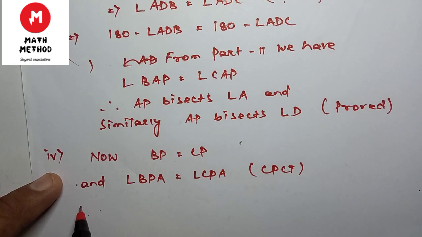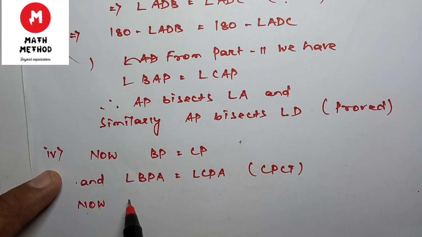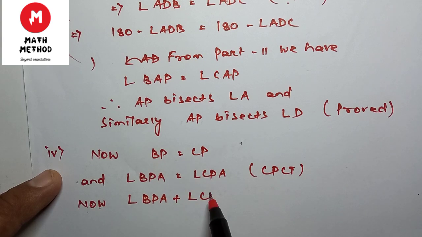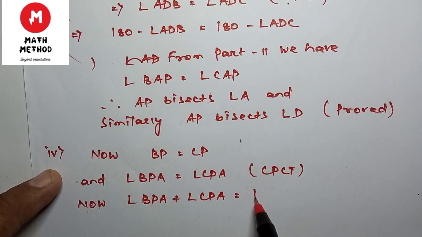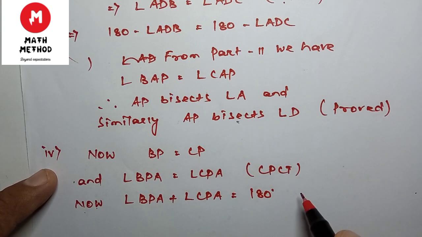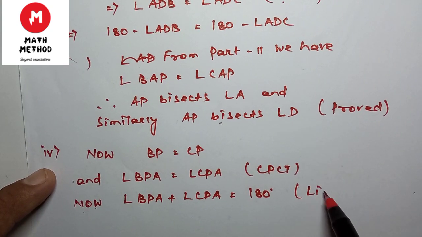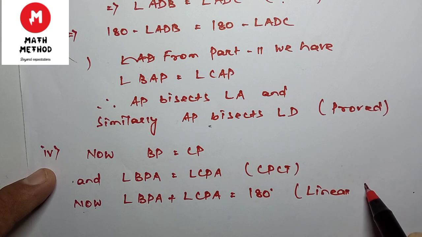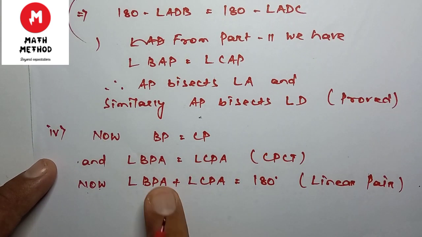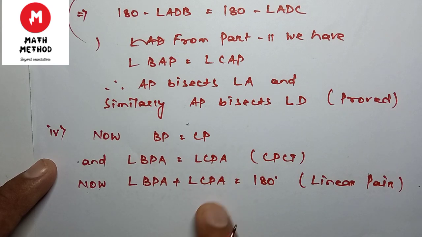So now angle BPA plus angle CPA is equals to 180°, because both are linear pairs. I will write linear pair. So triangle BPA is equals to triangle CPA.